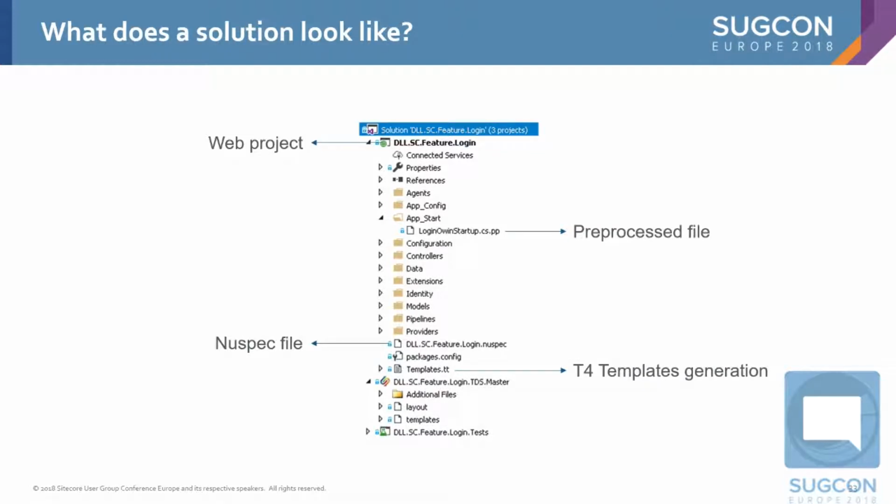All of these started as a simple feature inside of a certain project and have then been identified as something that we could share among all our solutions. We have a TDS project, but if you're using Unicorn, you would have something different here, of course. And of course, we have some unit tests for all of our solutions. We do like to ensure that everything keeps working if we change something.